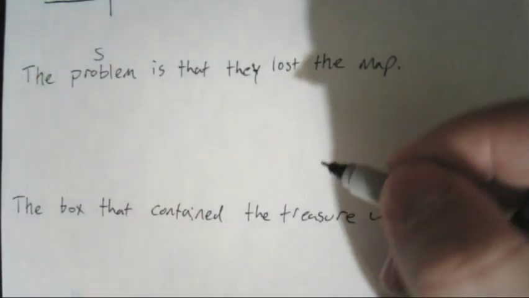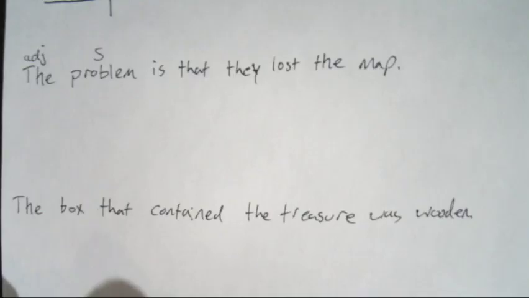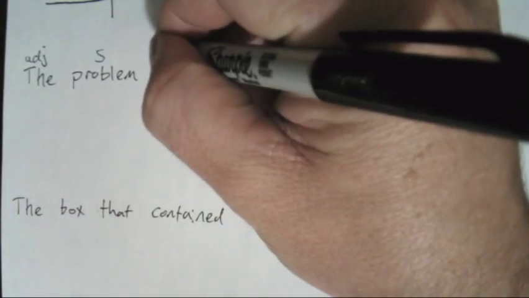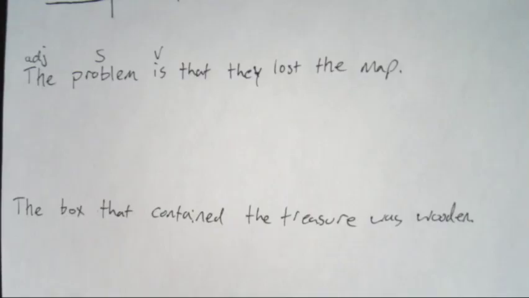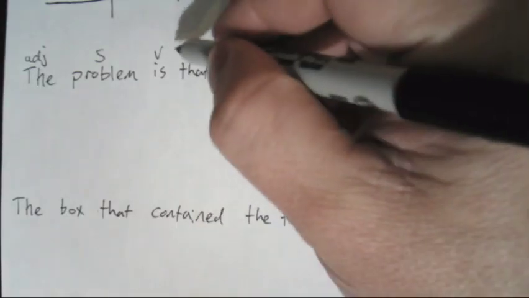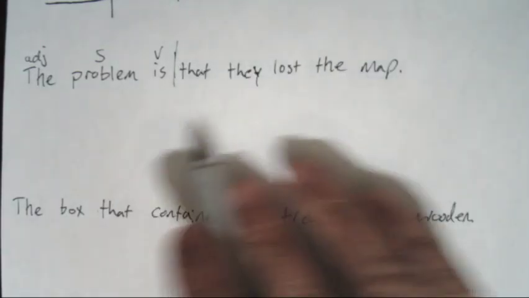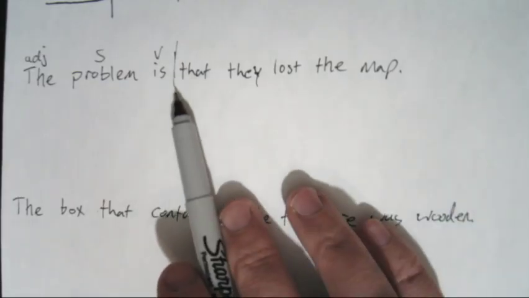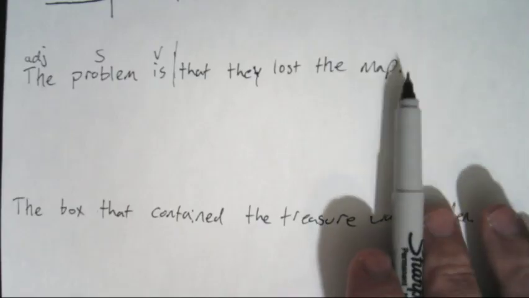Let's label that. The is just an adjective, right? It's modifying problem. Is, that's our verb. Okay? So then everything from here on is going to be diagrammed separately, because that they lost the map is our noun here. It's our direct object.